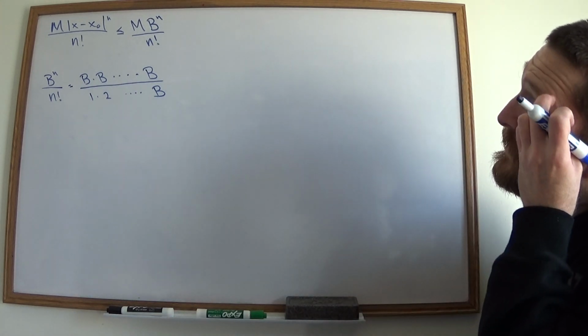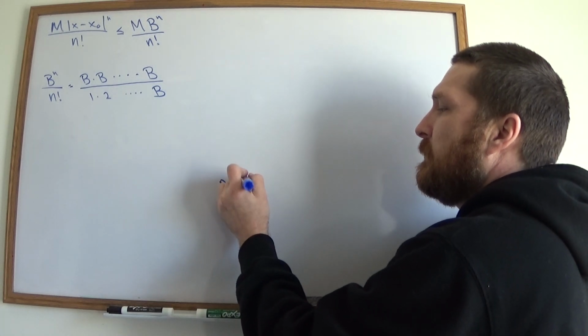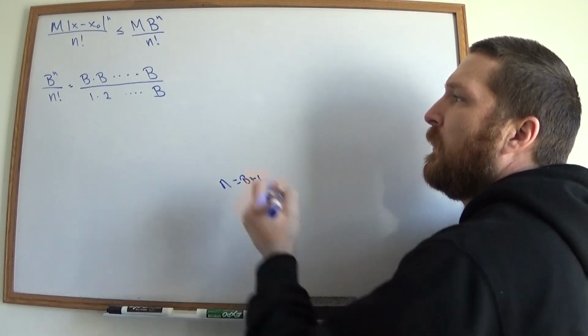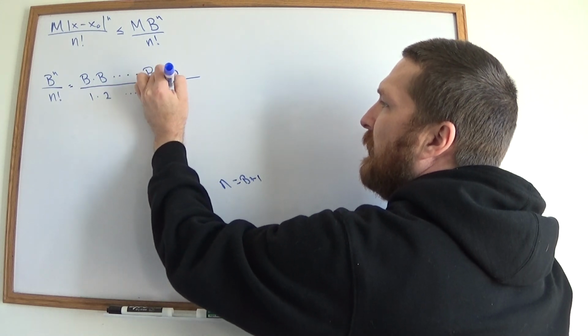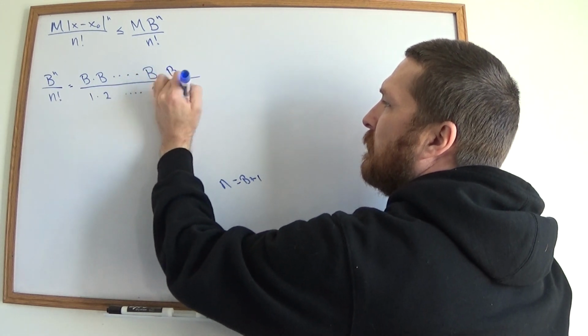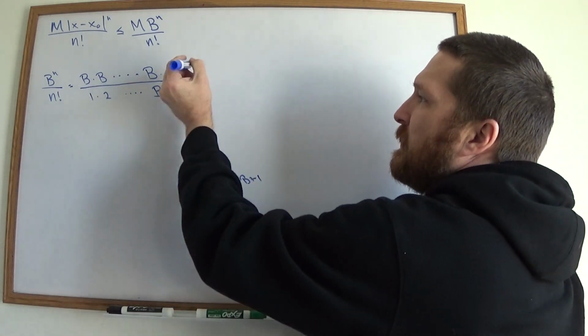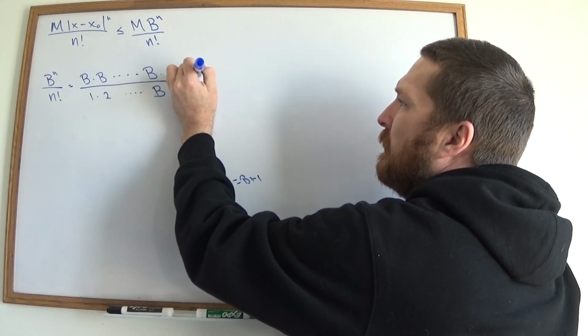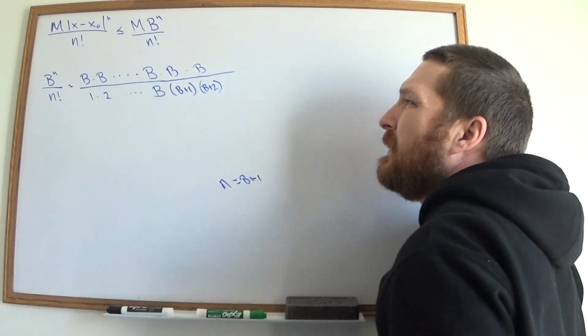What happens if n is, say, b plus 1? Well, you just get one more b up here, and now down here you have a b plus 1. Okay, let's keep going. What happens if n is b plus 2? Well, you get one more b up here, and now down here you have a b plus 2.